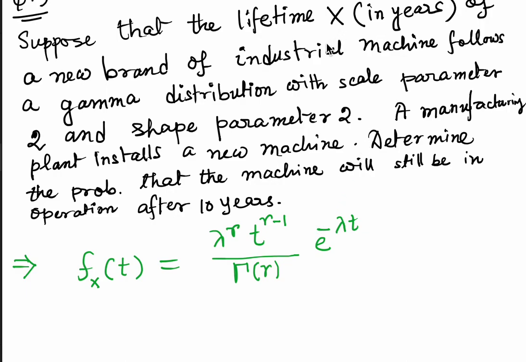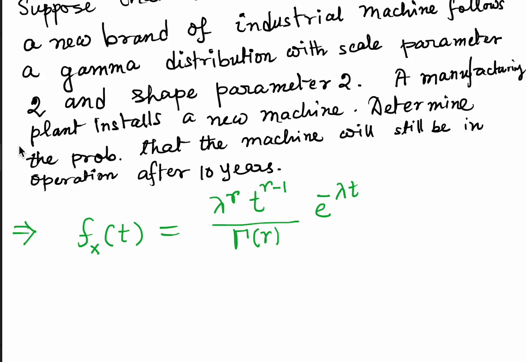Here it has been said the scale parameter is 2. Scale parameter means the time scale. So here the scale parameter is 1 by lambda, because t into lambda should be something which has no unit.